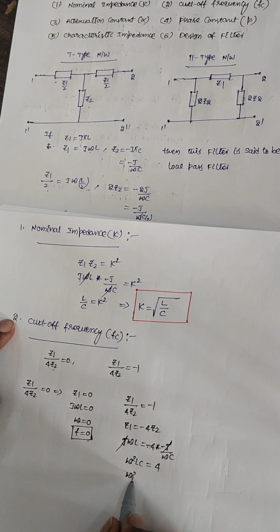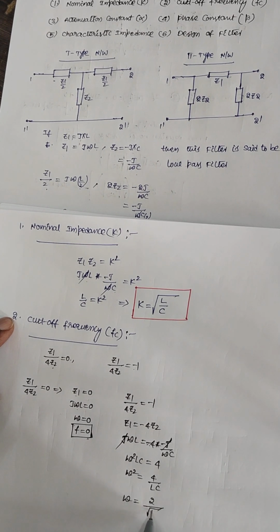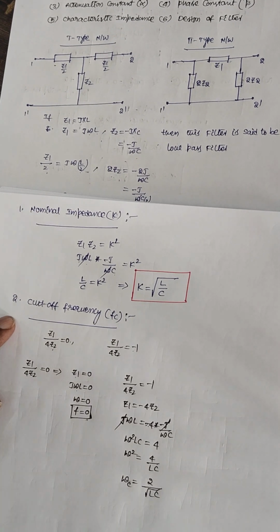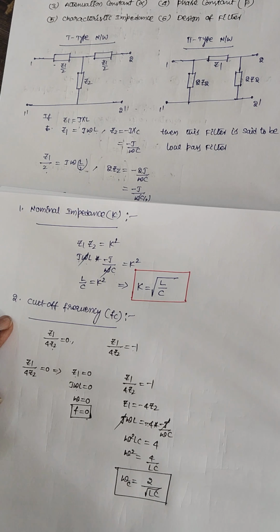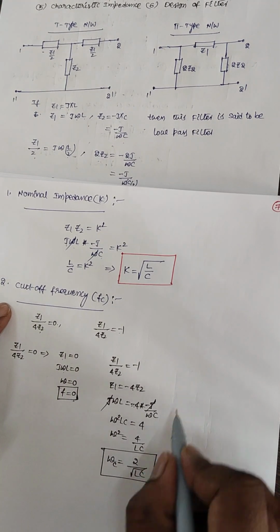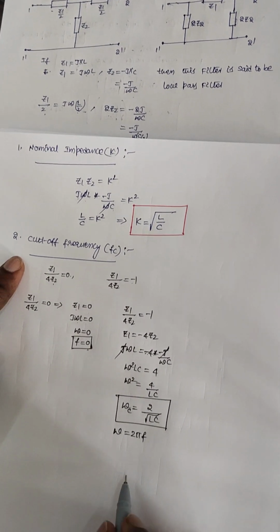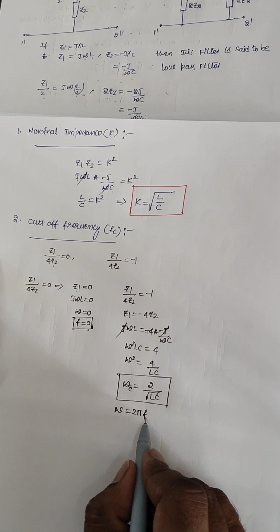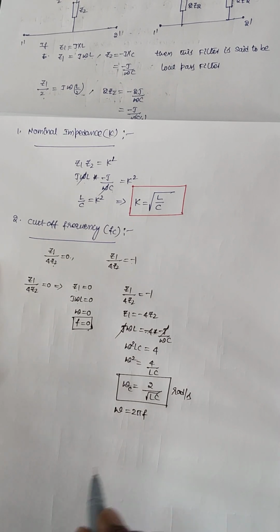Now omega square is equal to 4 by LC. Now omega is equal to 2 by root LC. So this is nothing but the cutoff frequency, omega c, 2 by root LC. We know that omega is equal to 2 pi f. In case of normal frequency, it is in hertz; omega is in radians per second.